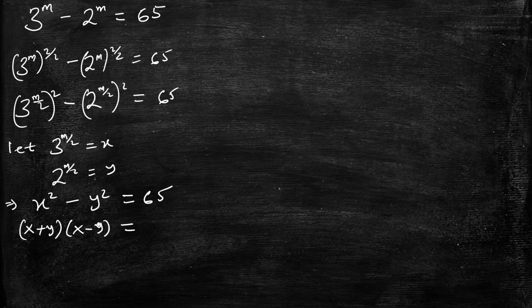Okay, now let's adjust the 65. Now the 65 is the same as 13 times 5. But x plus y is more than x minus y, since this one is positive and this one is negative.